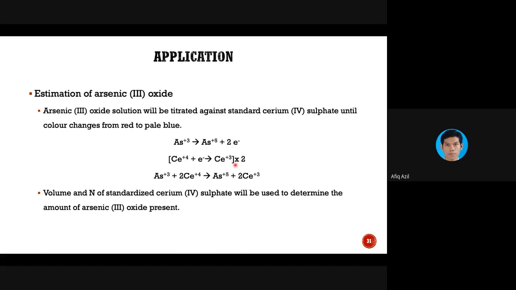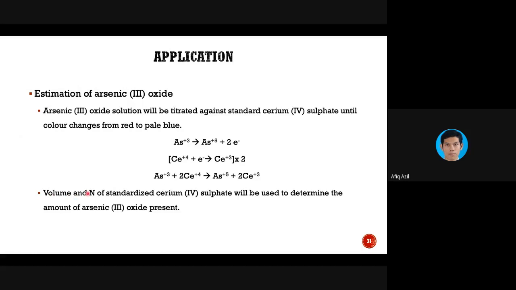These two are the half equations for arsenic 3 plus. This one in bracket has the Roman number 3. Arsenic 3 plus goes to arsenic 5 plus, so this is oxidation, the oxidation number increases, while the cerium just now decreased from 4 to 3. But you have to times 2 because of the number of electrons involved: here you have 2, this one only 1.